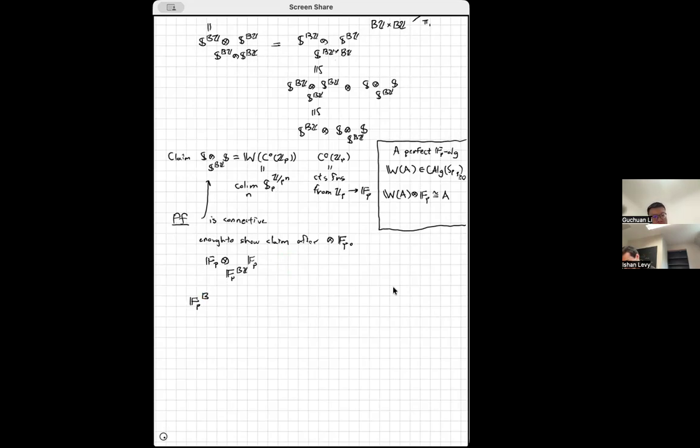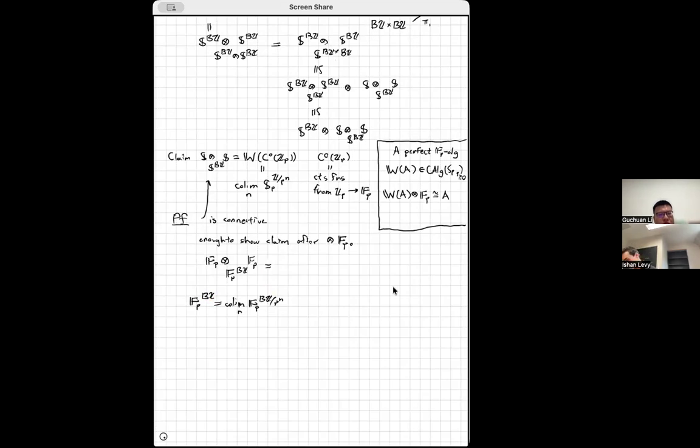So F_p to the BZ is the colimit over n of F_p to the B(Z mod p to the n). Okay, and that's because these cohomologies are essentially an exterior generator and a polynomial generator, and the transition maps just send the polynomial generator to 0 every time. And so the colimit just has the exterior generator, which is the cohomology of the circle.